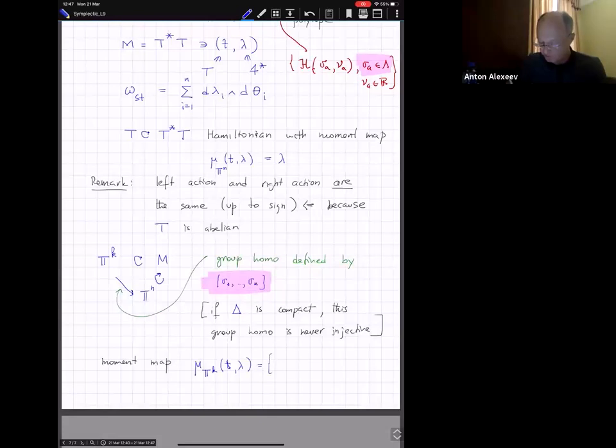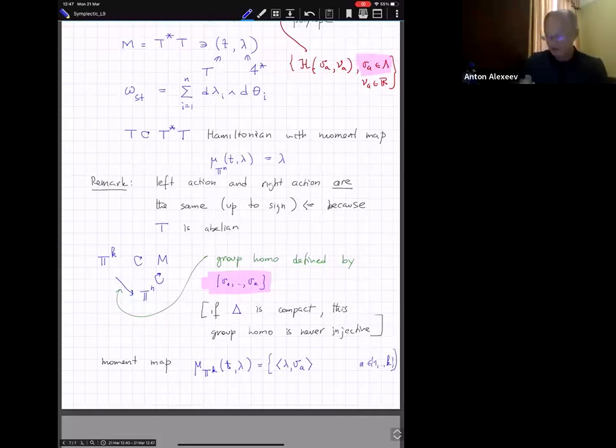I suggest the following. This will be the following set of vectors: lambda, v_A, for A from 1 to K. And remember, for actions of abelian groups, you can actually add or subtract constants to the moment map if you want.